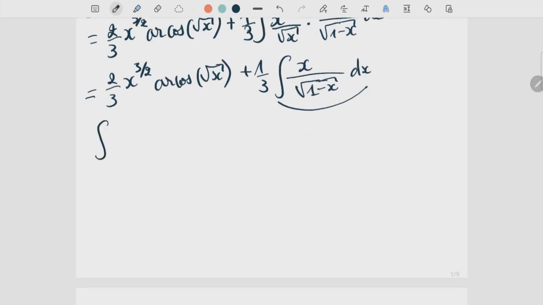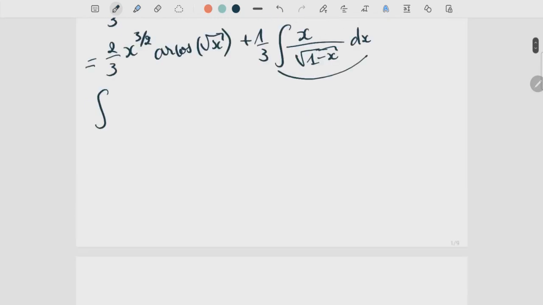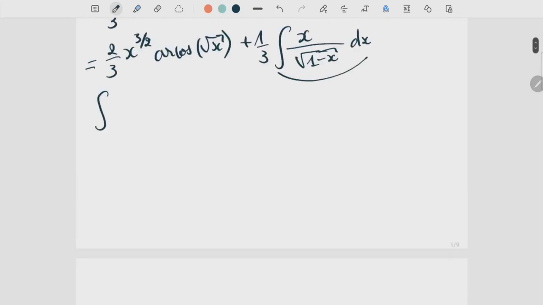So we have the integral of x over the square root of 1 minus x dx.